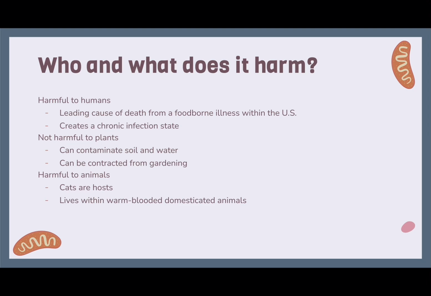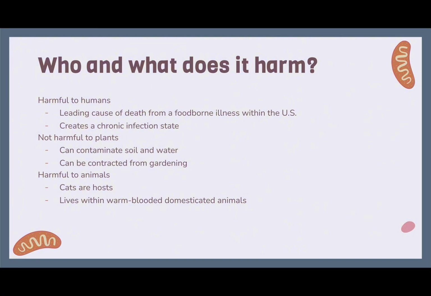In plants, the microbe can be contracted through gardening, but also from undercooked meats. However, the parasite is not said to be harmful towards them. The toxoplasmosis gets into the soil from the sporozoites that are present in the feces of a cat, and they spread out to areas within the soil, and this is how the soil becomes contaminated.